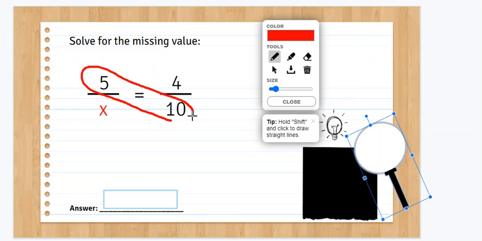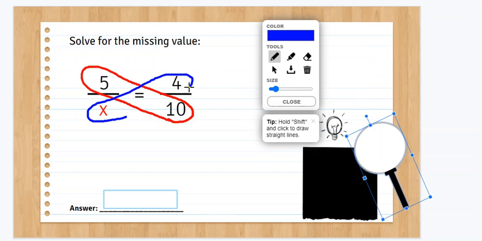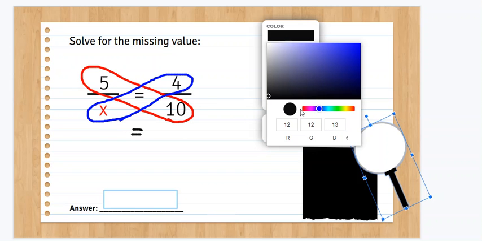So I'm going to circle the two numbers that are across from each other diagonally here. And on this diagonal, I'll circle the x and the 4. Then I put down my equal sign. And I'm going to start with the two values that I multiplied, the two numbers.